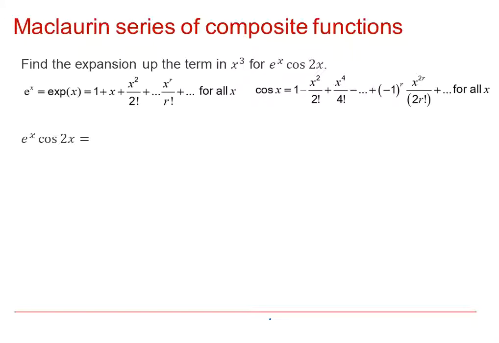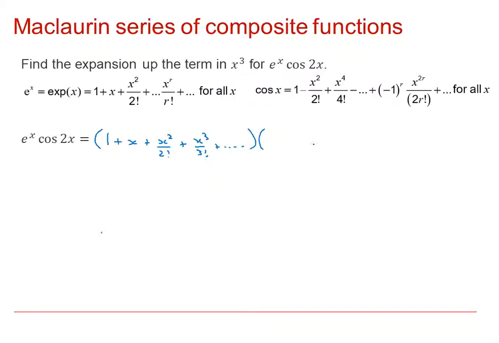So if we wanted a cubic approximation for e to the x cos 2x, we could do it as the standard polynomial approximation for e to the x times that of cos 2x. So the cubic approximation for e to the x can be quoted as 1 plus x plus x squared over 2 factorial plus x cubed over 3 factorial, and multiplying it by the result for cos 2x.